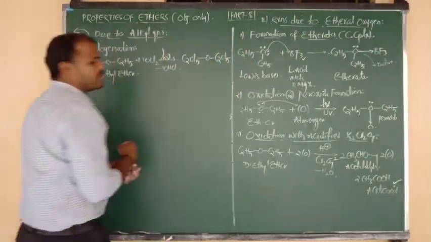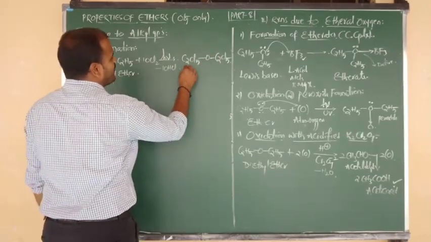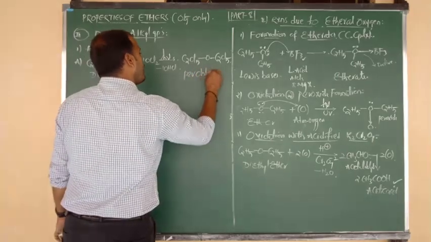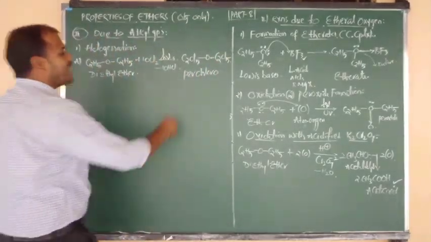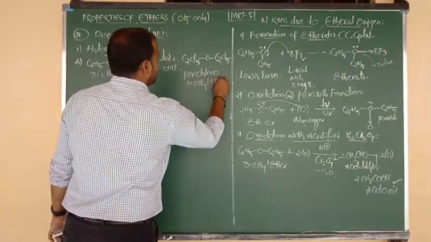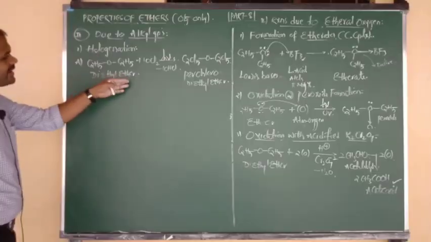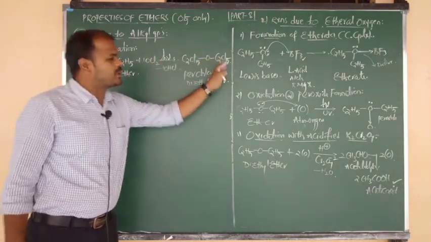So what is the final product formula? C2Cl5 O C2Cl5. The compound name, very important, is perchloro diethyl ether.